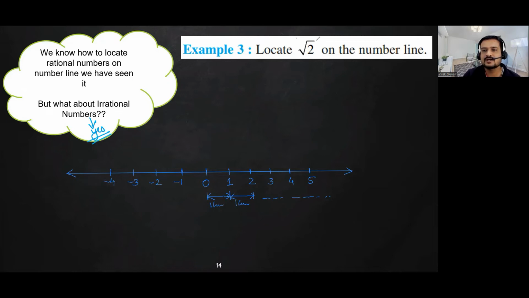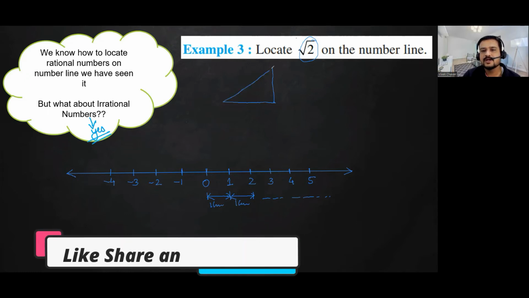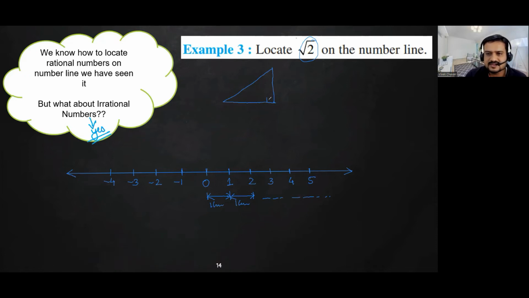Now we have to mark under root 2 on the number line. For that, we will draw a rough figure first, and we are going to use the Pythagoras theorem here. So we will draw this right angle triangle first in rough. Now this angle is of 90 degree.